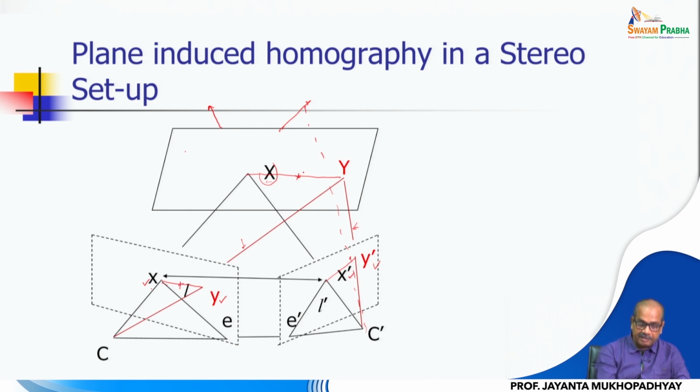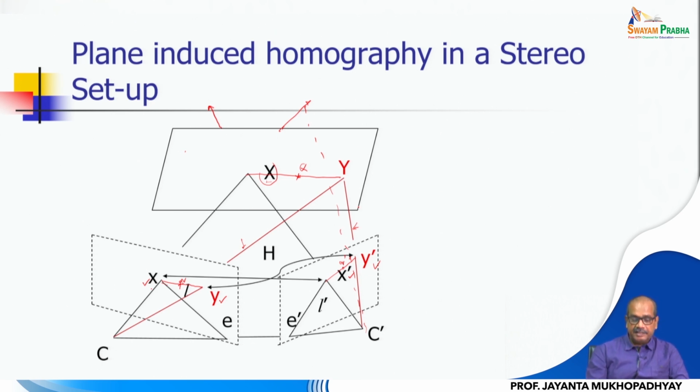If I take any point here, say Q, it would be projected to Q prime, which means that there is a homography between these correspondences, and this homography is specific to this plane. So we call this homography a plane induced homography.